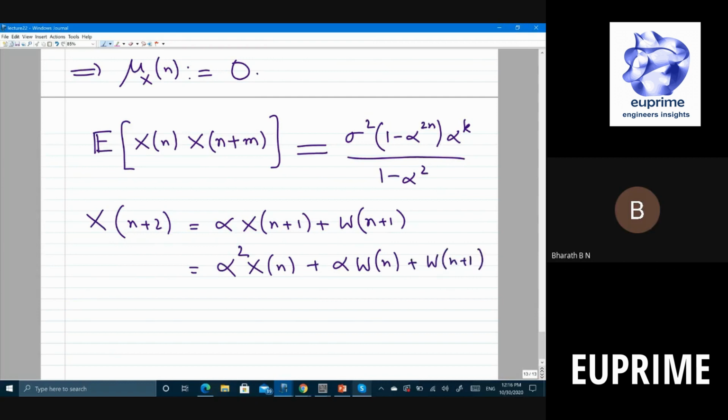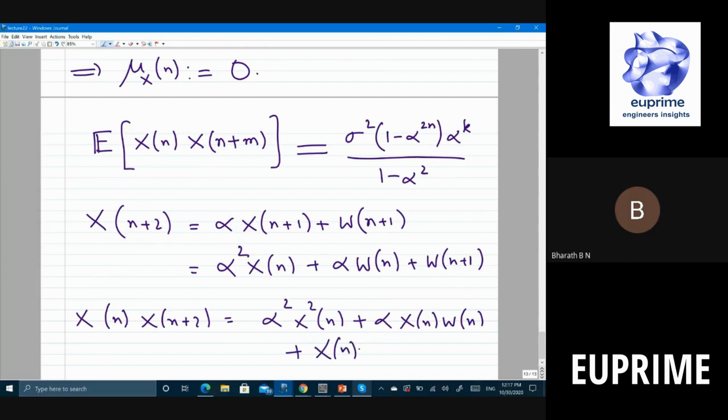So x of n times x of n plus 2 would be alpha squared x squared of n, plus alpha times x of n into w of n plus x of n into w of n plus 1.